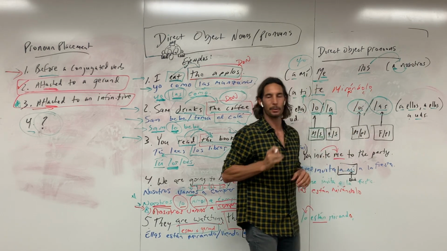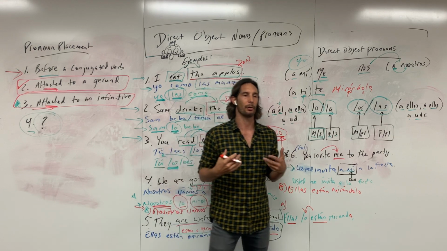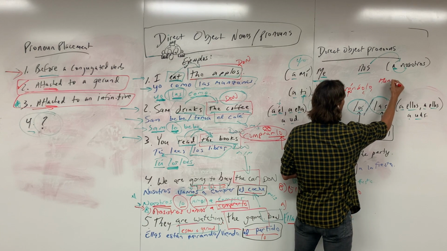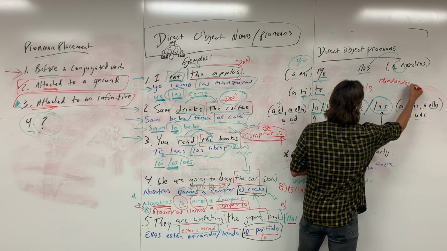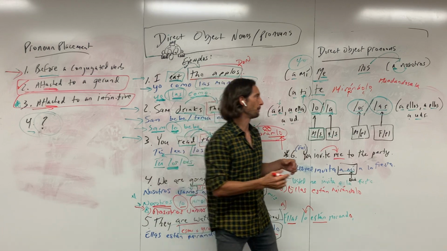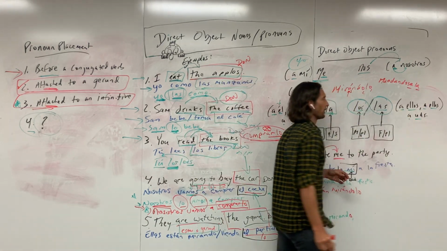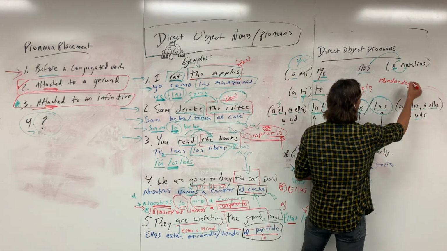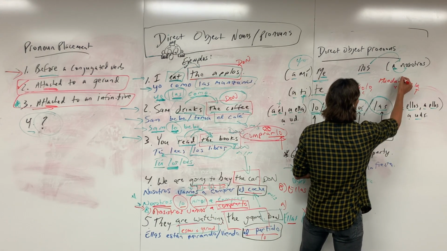A double object pronoun would be, for example, mandando se la, which is completely out of context, but just to give you an example. It's that se and la added to the end of the word. And so in that case, you'd actually count back 4.